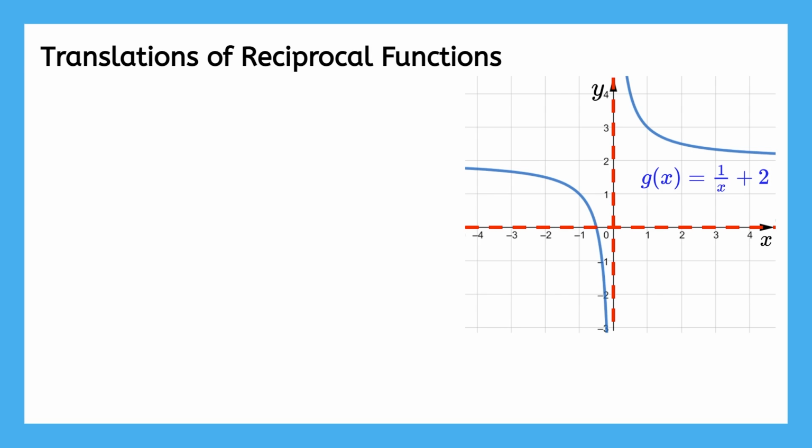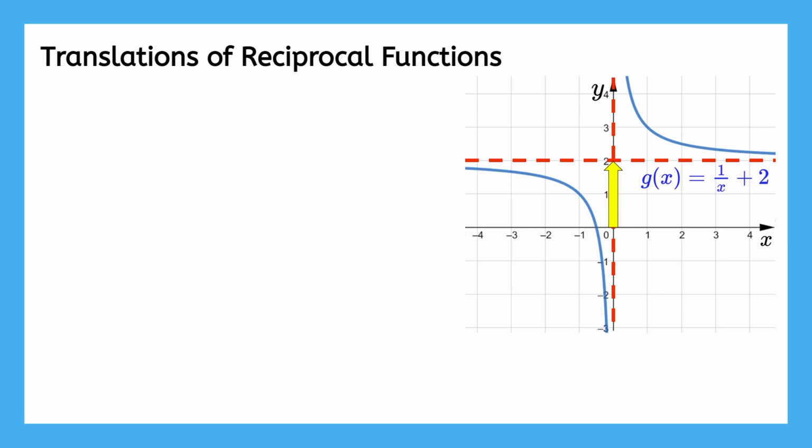But where's the horizontal asymptote now? On either end, this graph appears to be approaching the y value of 2. So that's where the new horizontal asymptote is, at the line y equals 2. Just like the rest of the function, the horizontal asymptote also got moved up by 2 units.